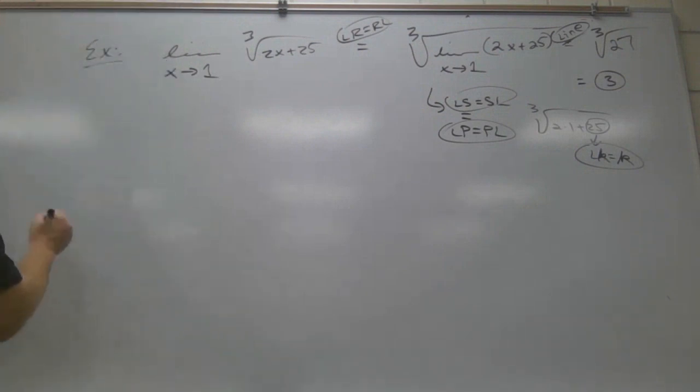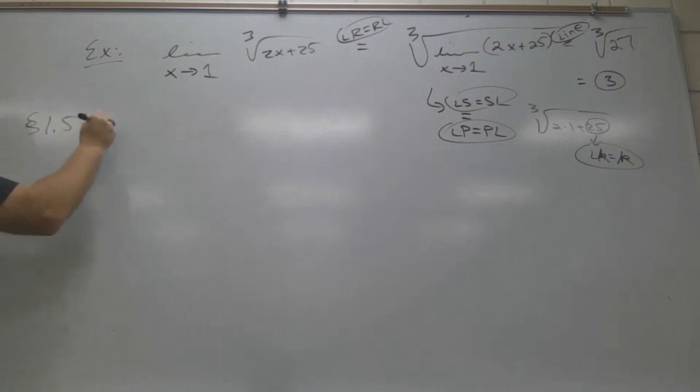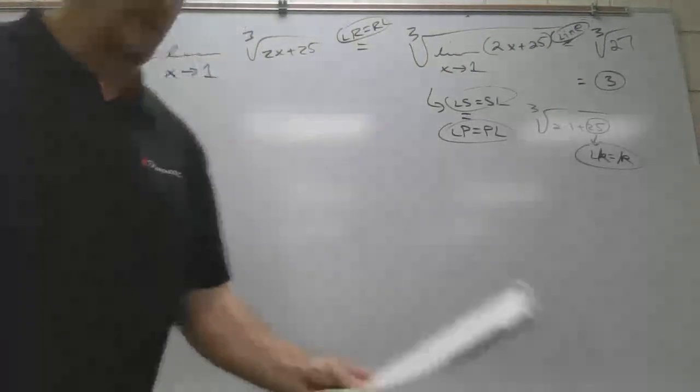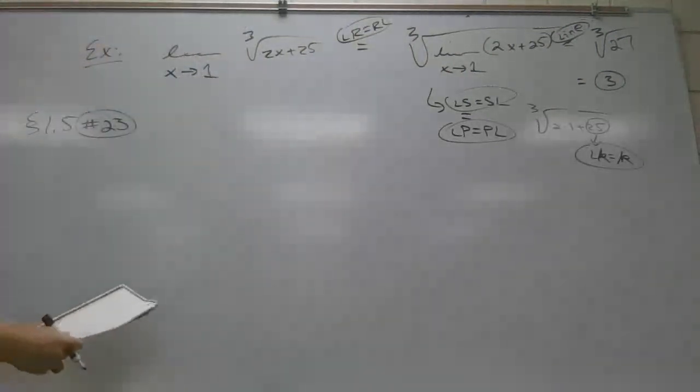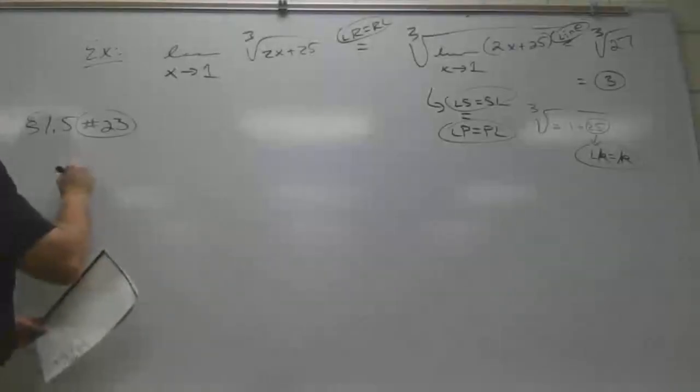All right, let's look at section 1.5. You may have already done this one, number 23. This is an odd exercise in the book. Odd exercises are great to see if you're following along.